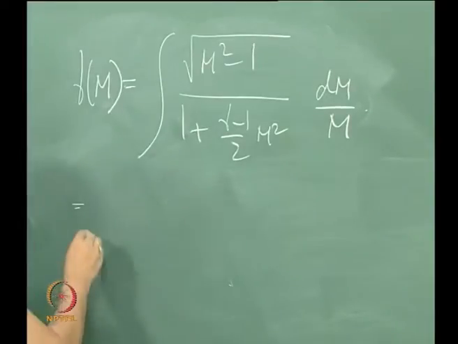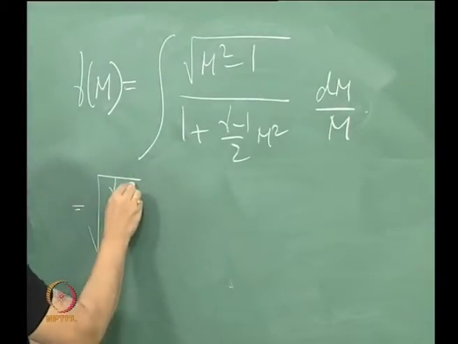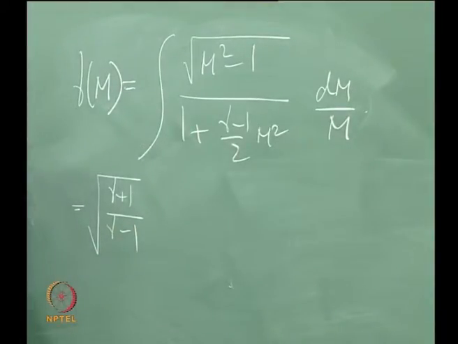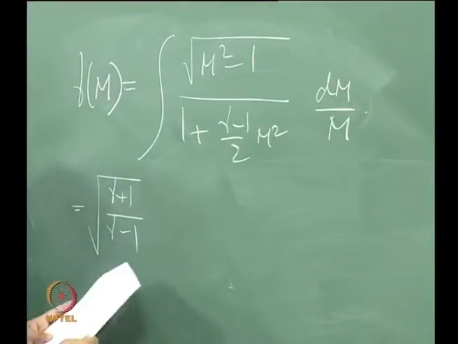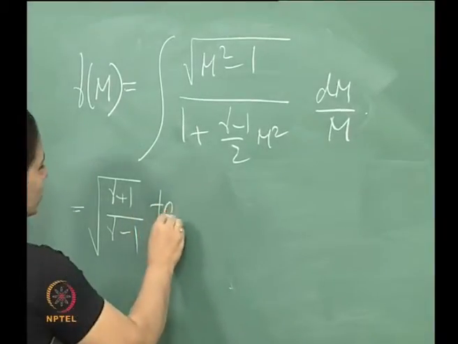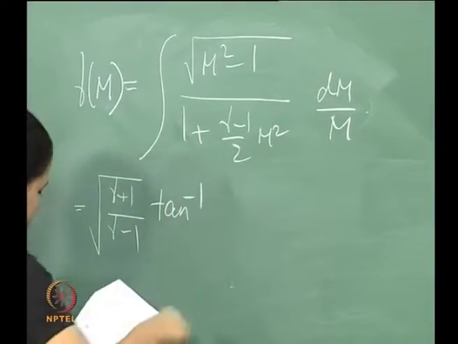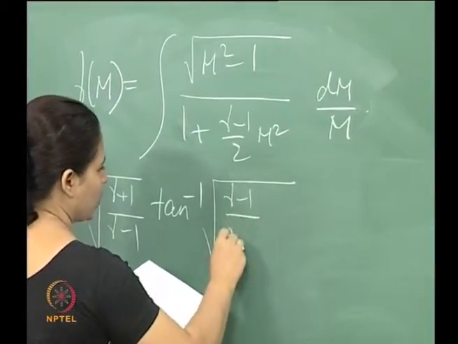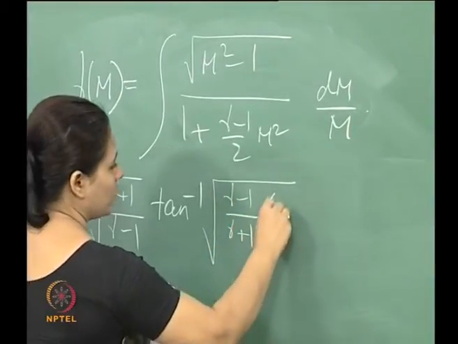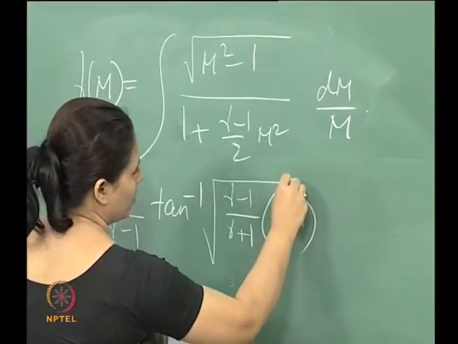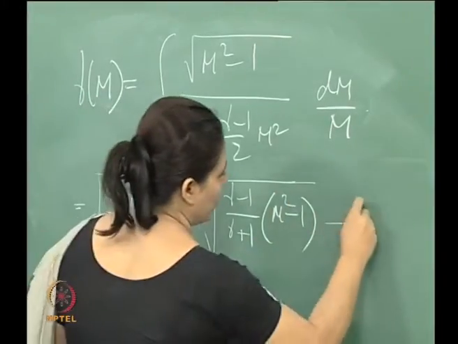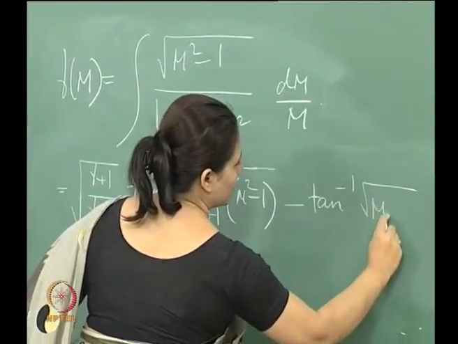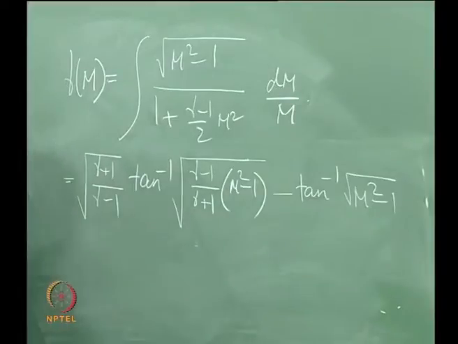I am not doing the steps here, you can try it on your own if you please. So, this is tan inverse of square root of (gamma minus 1)/(gamma plus 1) times (M squared minus 1), minus tan inverse of square root of M squared minus 1, right.